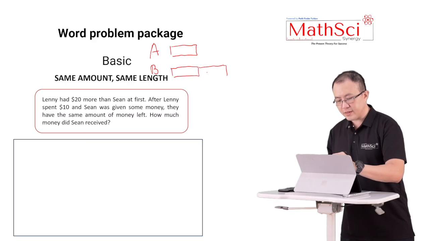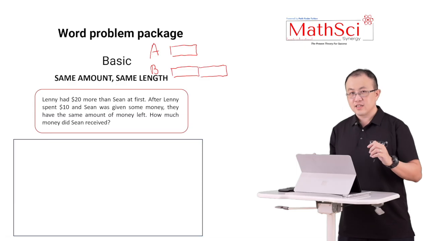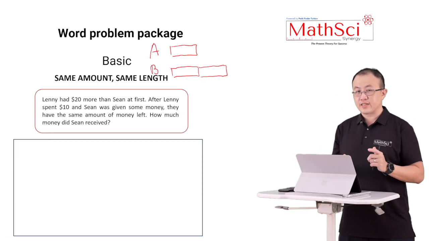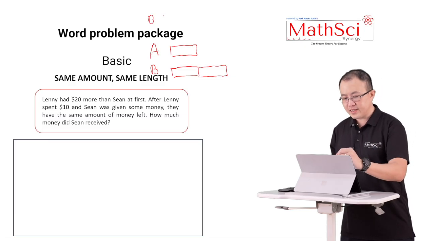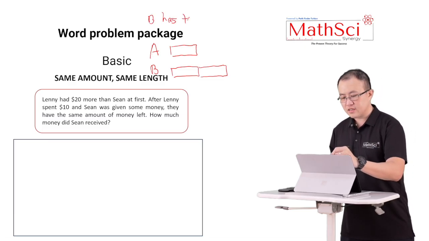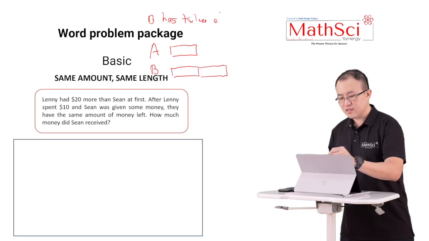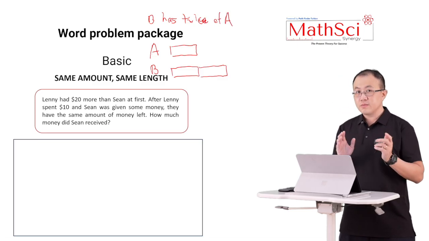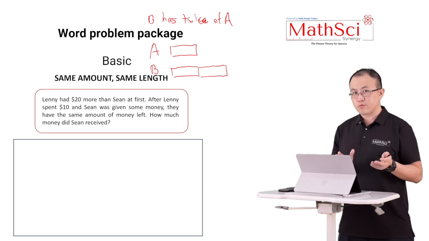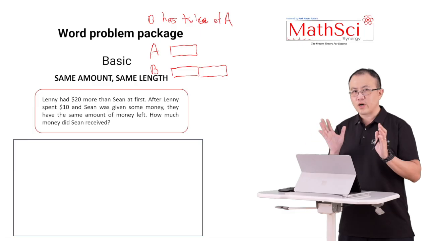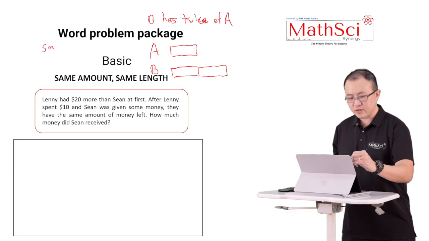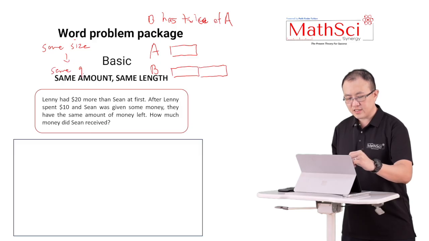When you want to make a comparison, we need to make sure that the boxes are of the same size. So in order for me to say that B has twice of A, I need to have two boxes while you have one, and the boxes must be of the same size, because same size means same quantity.